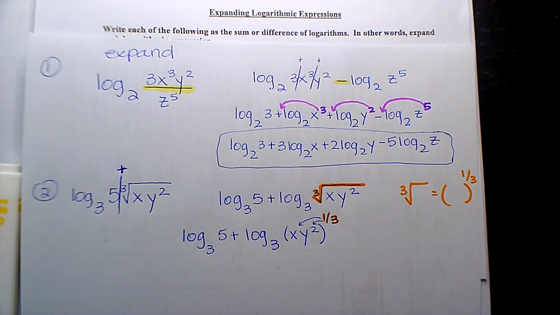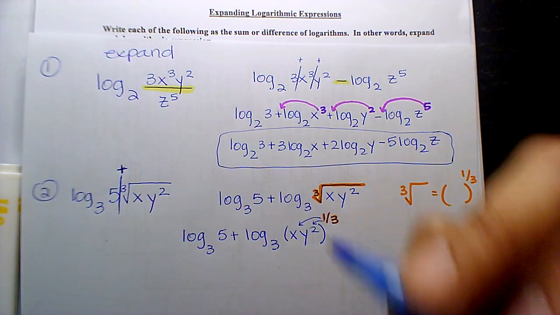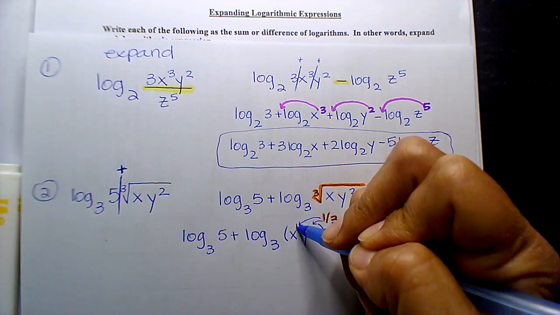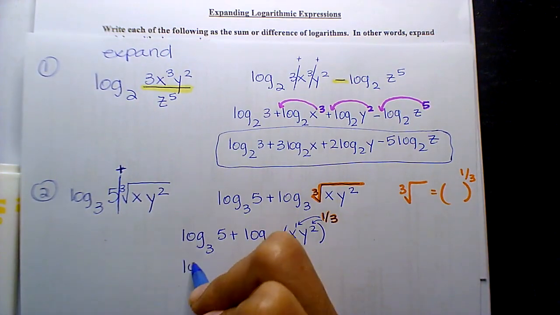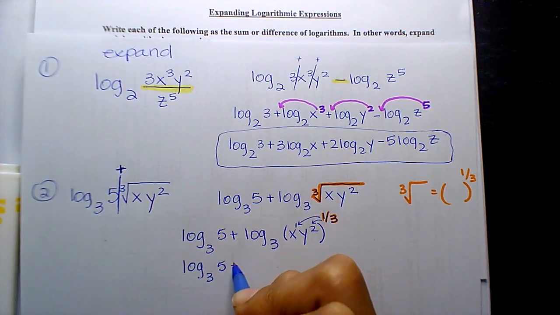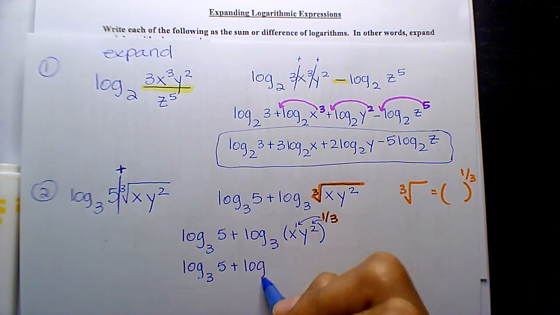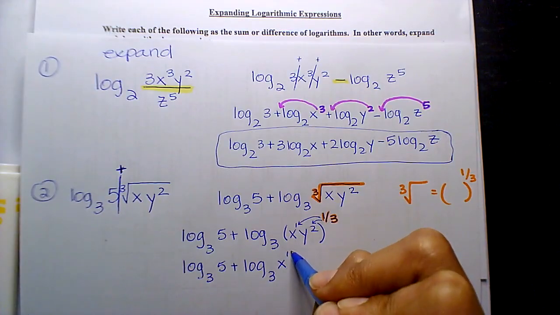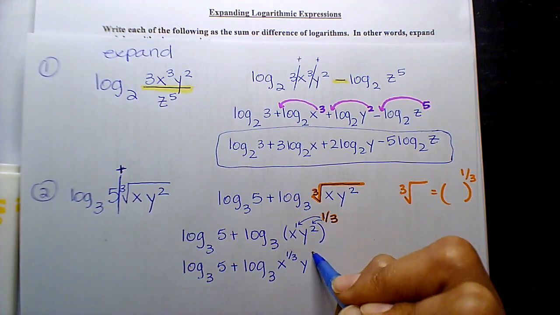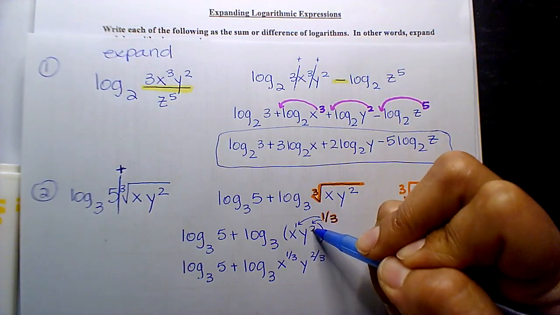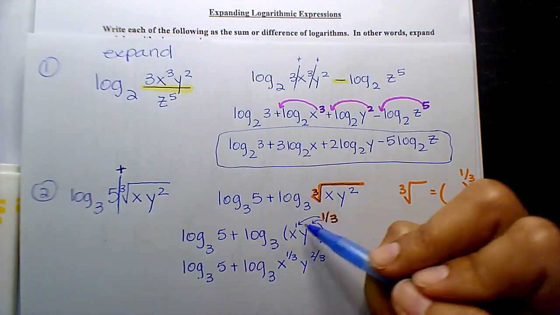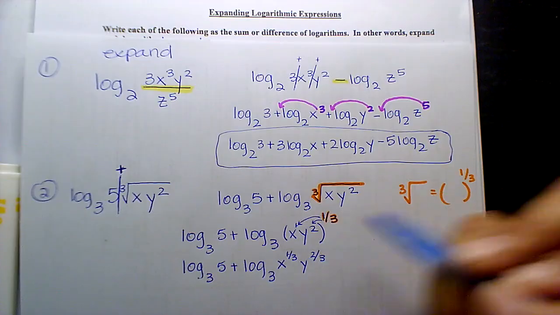I have the x base and I have the y squared base. But you guys should understand x is really x to the 1, right? So if I then distribute it, it's x to the 1/3, y to the 2/3, because this is a 1, 1 times 2 is 2, and then 3, and here it's a 1, 1 times 1 is 1.